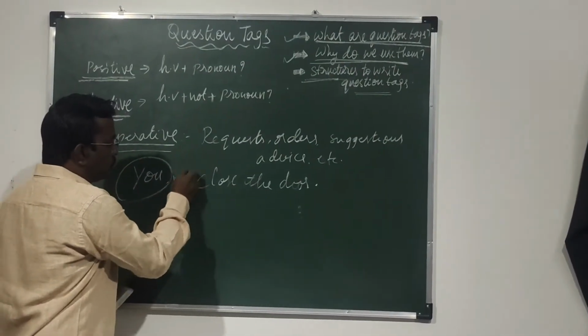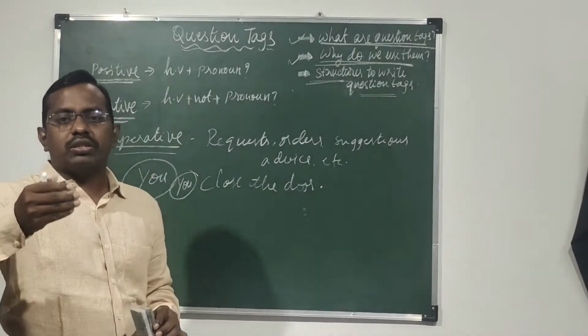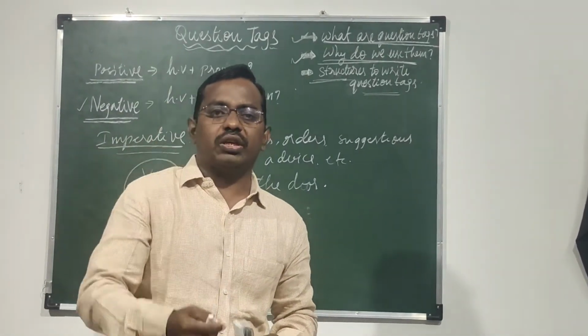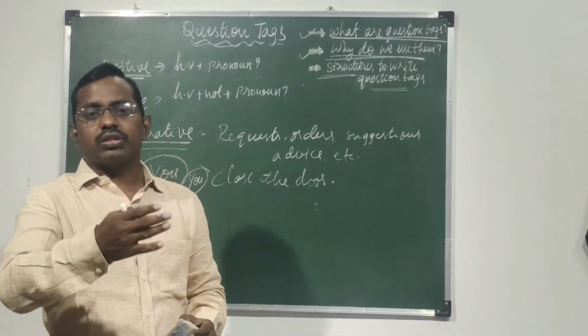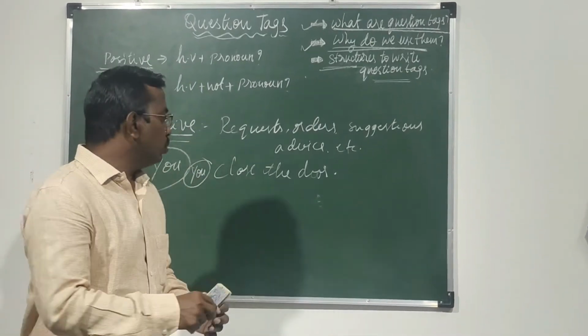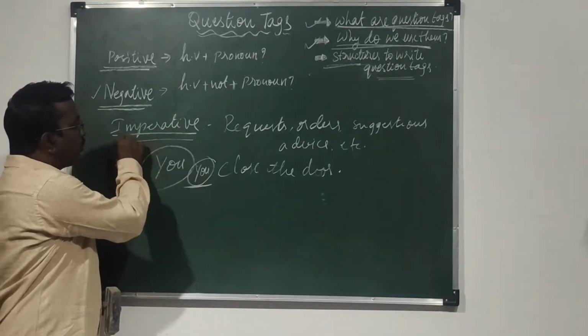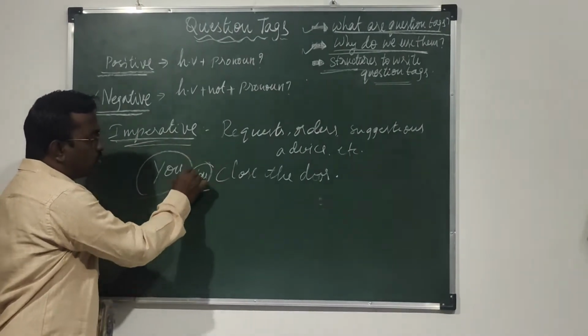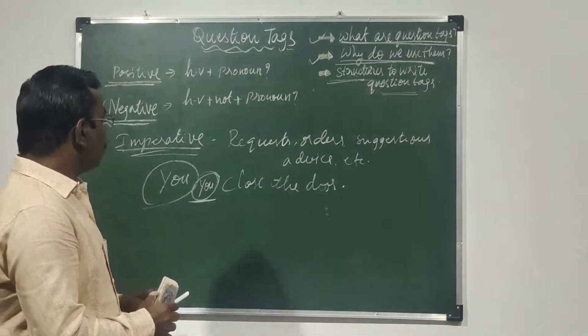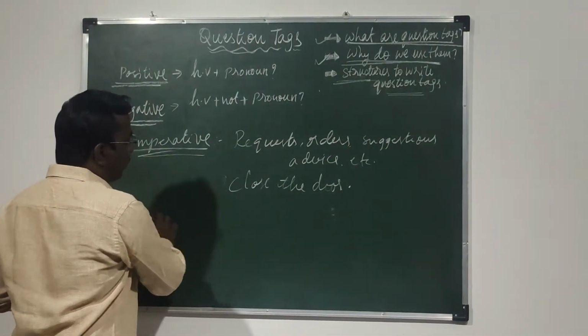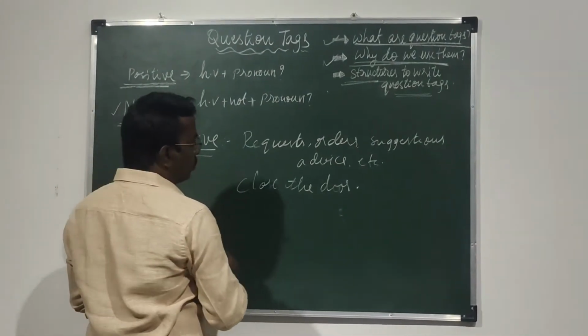You is understood because we are telling it to the listener. We are telling the listener to do that. We are imposing something on the listener. So for all imperative sentences, the subject you is understood, and without you we write the sentence: close the door.